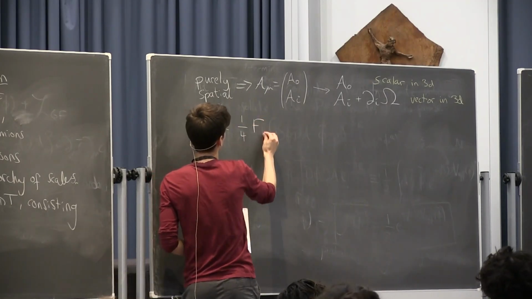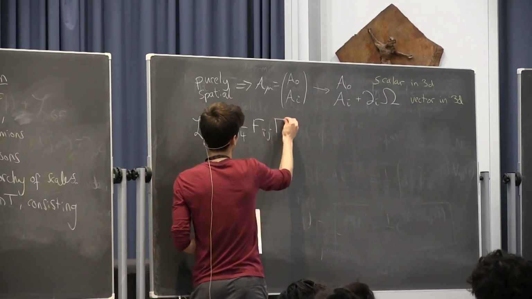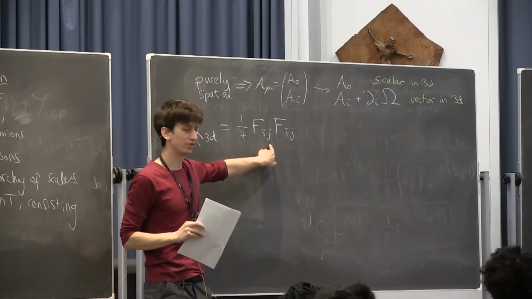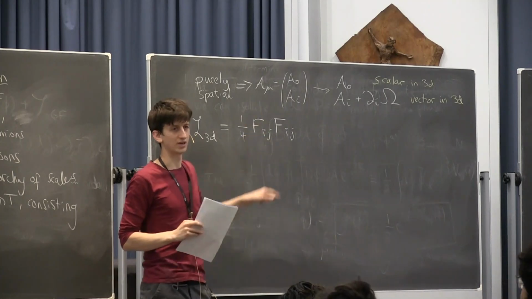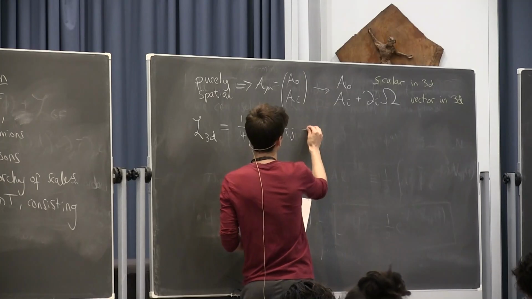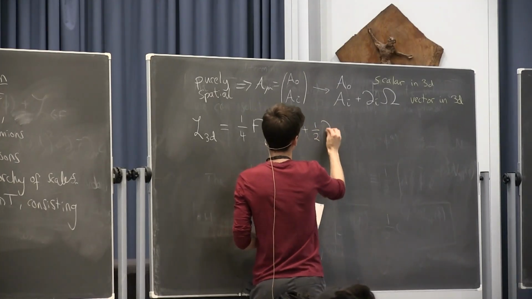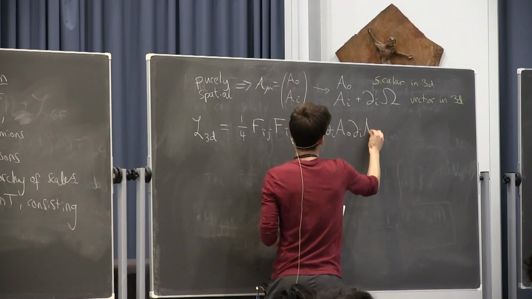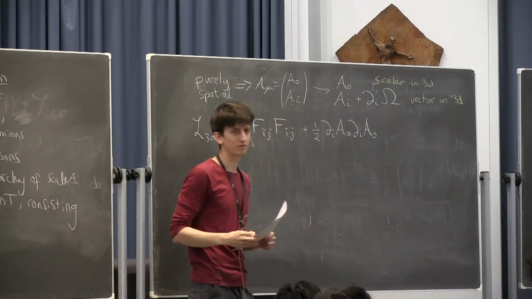And we find we of course have the spatial part of the gauge field kinetic term. We have a kinetic term for our new spatial degree of freedom.